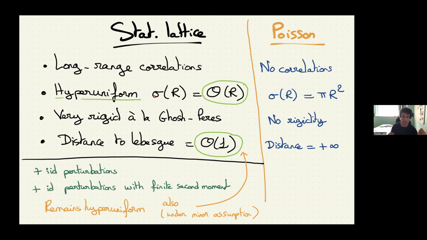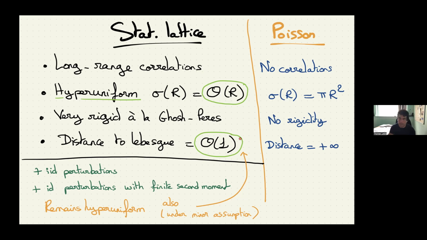The variance in a disk of radius r scales like r. It is very rigid in the sense of Ghosh-Peres. If I show you a lattice and I hide a little part, you can probably reconstruct what was in the hidden region. And regarding this distance to Lebesgue, if you followed me on this, it's also as good as it gets. It's bounded when the number of points grows.